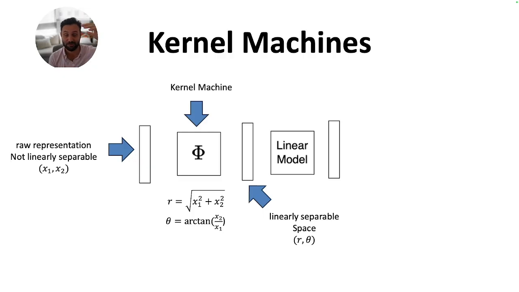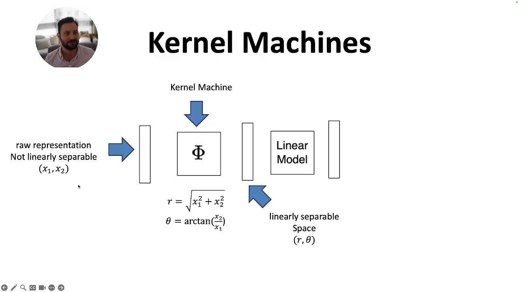But keep on with me. I'm going to build on top of this to introduce the functionality of neural networks in the raw data representation. So this is something very similar to what I drew previously, a feature extractor followed by a linear model. The feature extractor is a non-trainable, deterministic function, followed by a linear model.